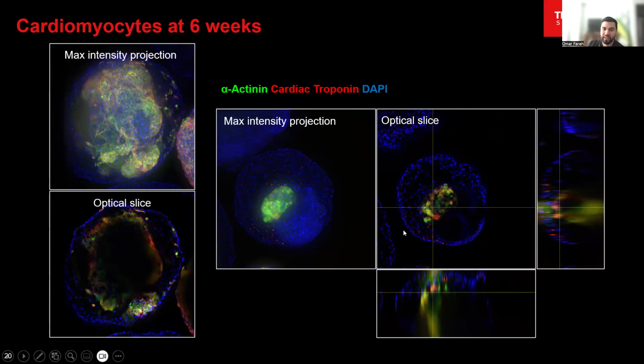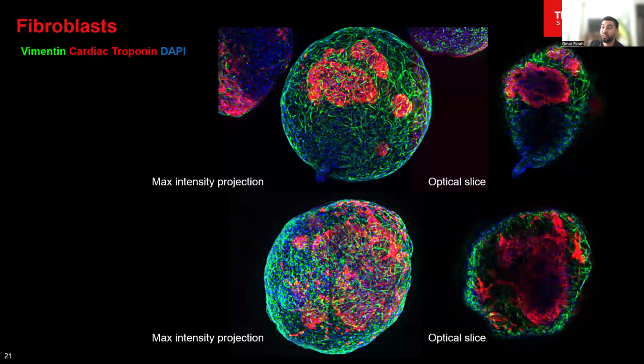But if you look here, not surprisingly, we see a population of cardiomyocytes that are actin and cardiac troponin positive. They tend to sit closer to the center of the organoid, but they can have some peripheral attachment or invasion. But cardiomyocytes are not the only cell types that we're specifying here. In this 3D context, similarly to what happens during development, all these cues really dictate how these cells develop.